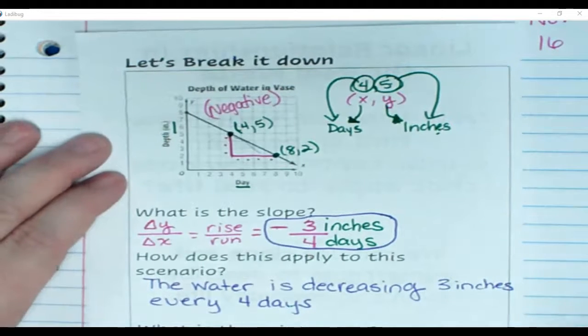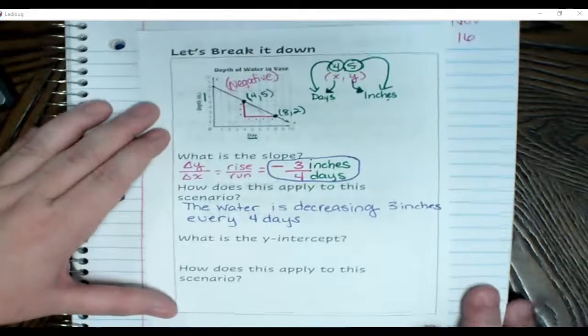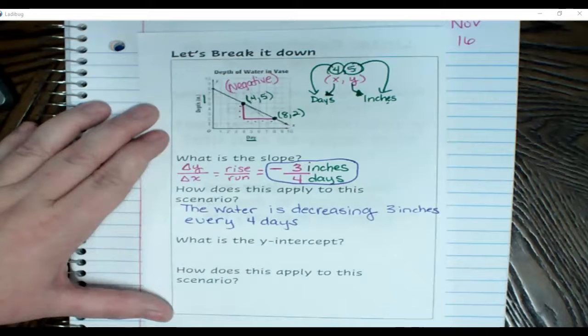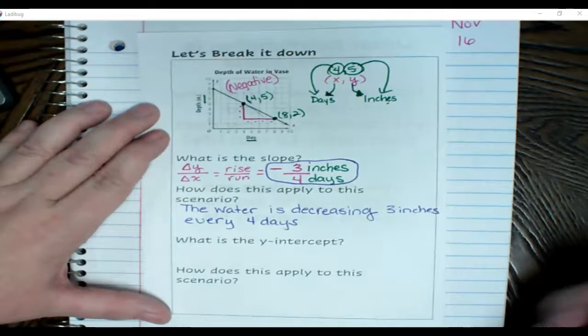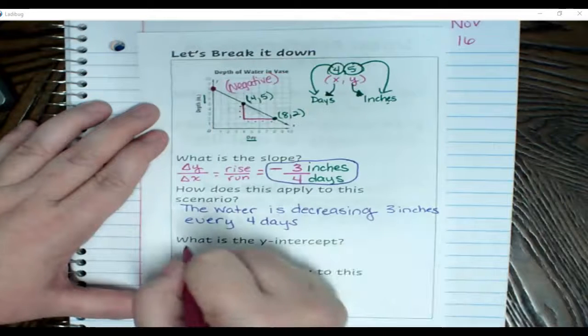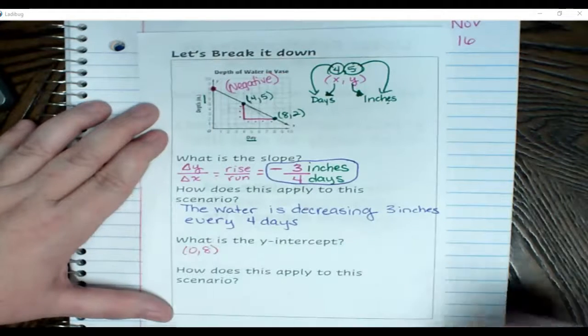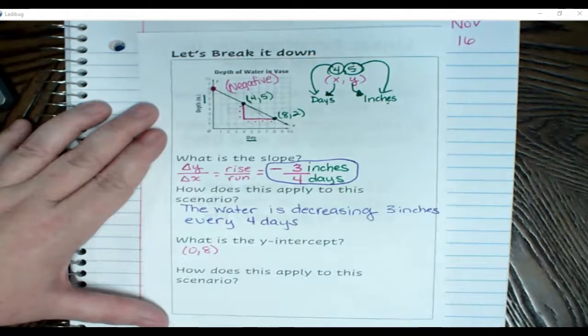All right, so now let's go look at the y-intercept. Well, what is the y-intercept? Remember, it's where the line crosses the y-axis, where the graph crosses the y-axis. Our y-intercept is right here at (0, 8). Well, what does that really mean? How does that apply to the scenario?